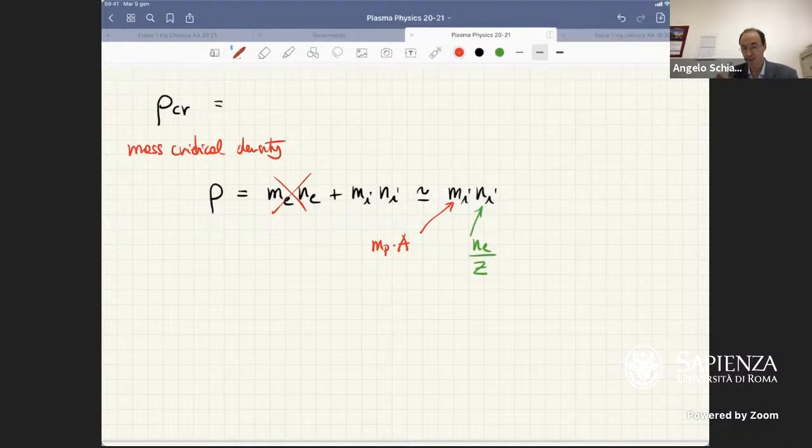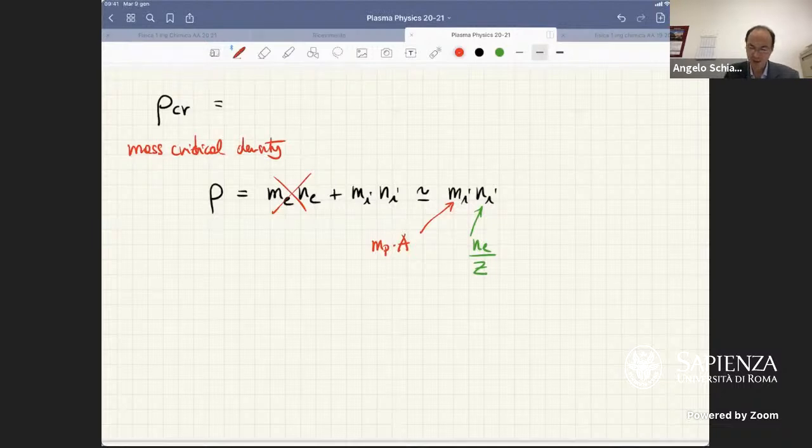For instance, for hydrogen it is 1, for deuterium it is 2, for tritium it is 3, and so on. For helium-4 it is 4. It's the number of protons plus the number of neutrons, so a baryon number, let's say.